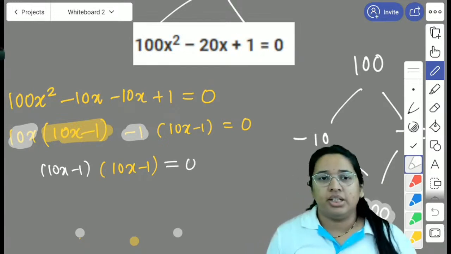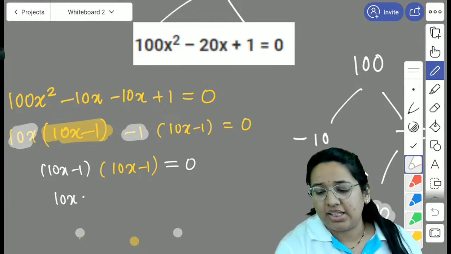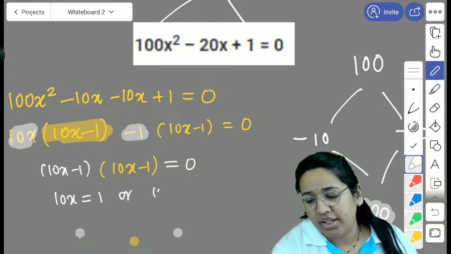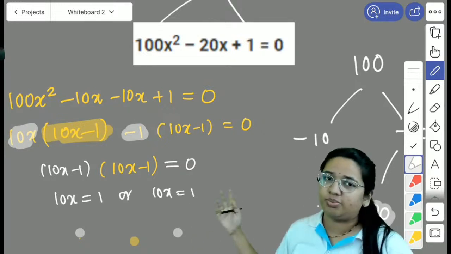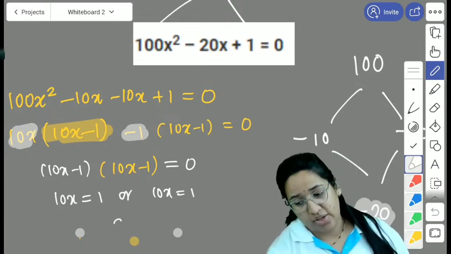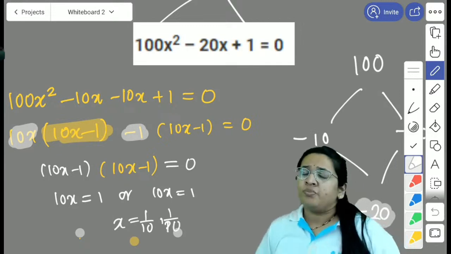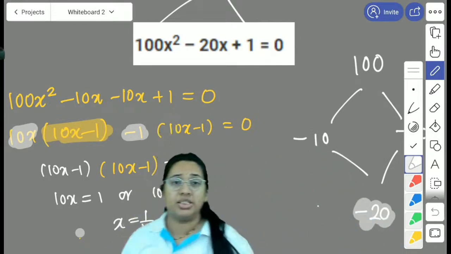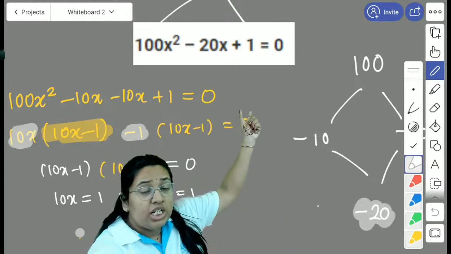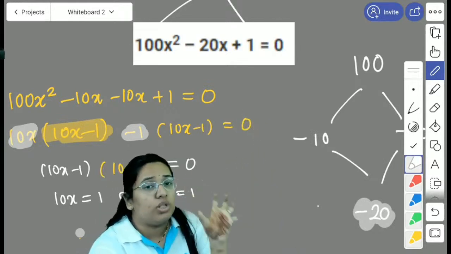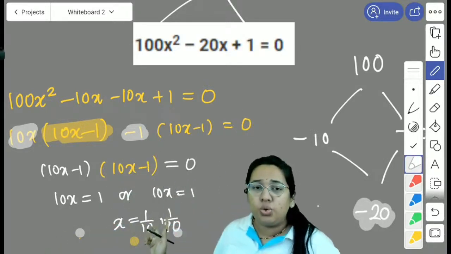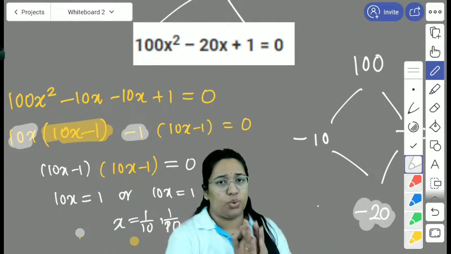Getting this one? So, I can say that 10x is equal to 1 or 10x is equal to 1. Obviously, both are the same here. Hence, the value of x will be 1 upon 10, two times. Right? If you check for such a quadratic equation, you will get the value of discriminant equal to 0. Hence, we are getting two real and equal roots here.